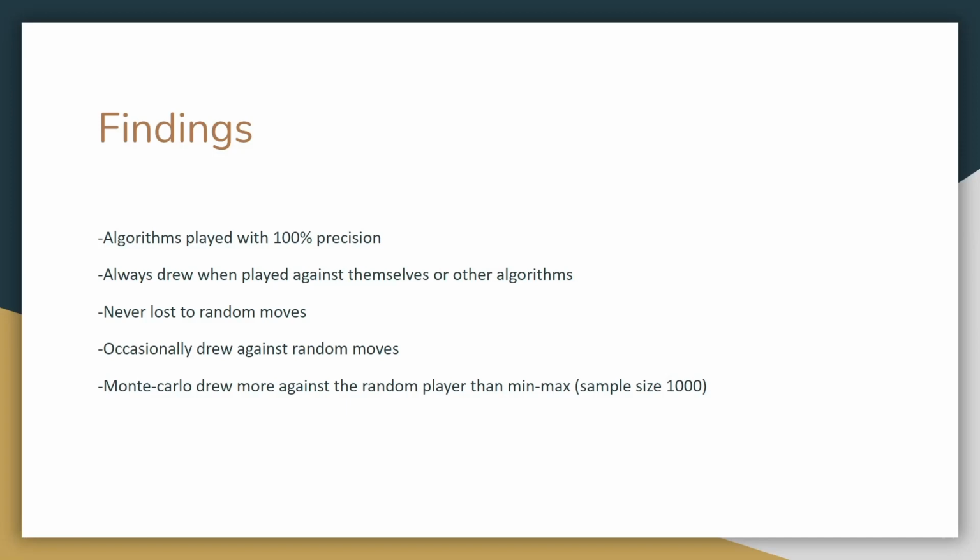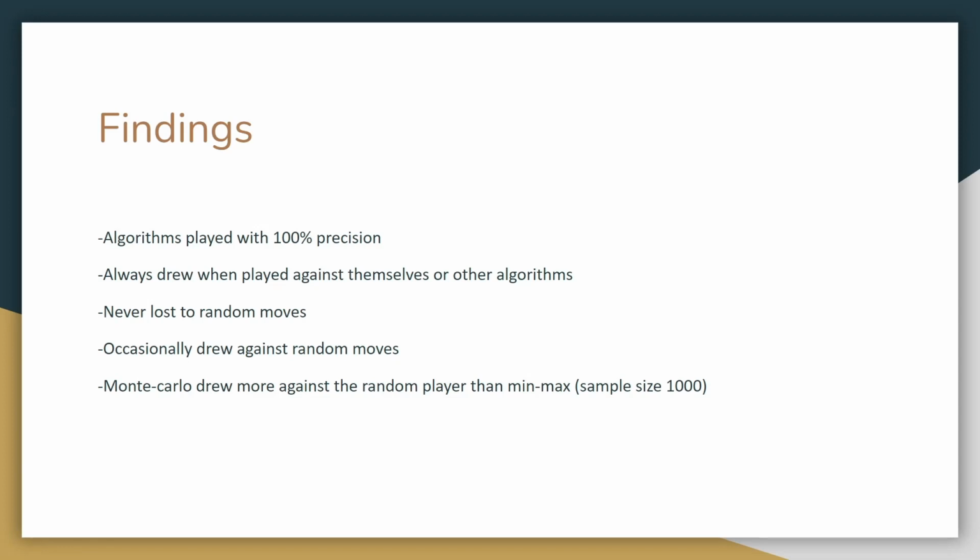Okay, so after running these algorithms, here are some of the findings we had. In a tic-tac-toe game, if both sides play perfectly, the game will always result in a draw. And that is what we observed from both the Minimax algorithm and the Monte Carlo algorithm. They both drew 100% of the time when played against themselves or each other.